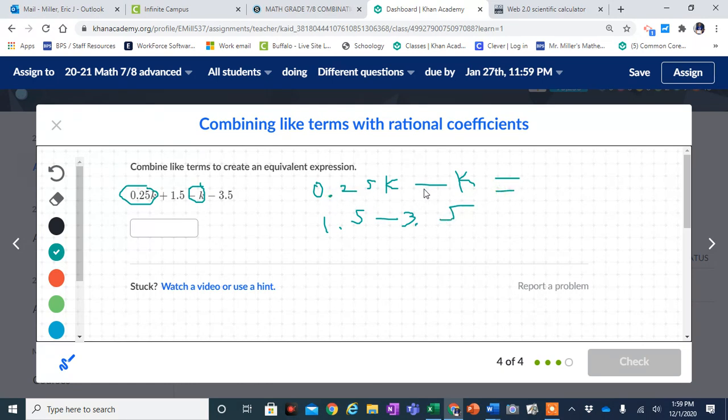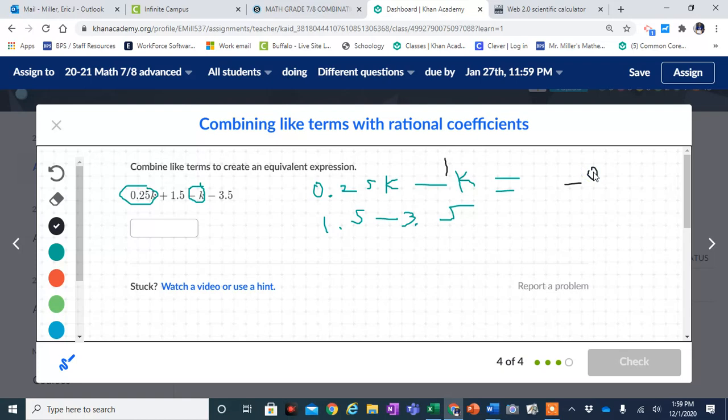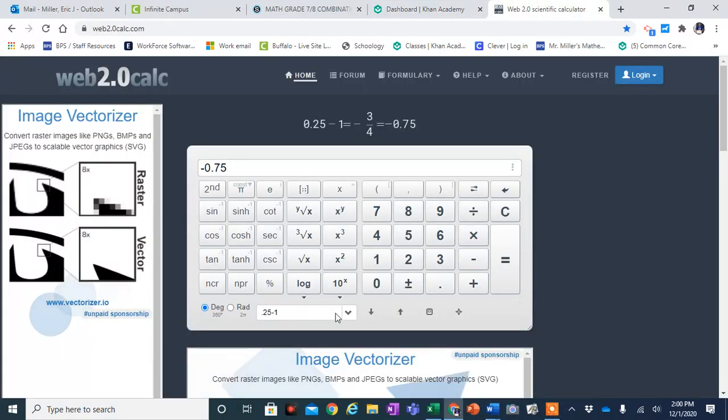So 0.25 minus, if there's no number, that's really a 1. 0.25 minus 1 is negative 0.75, negative 0.75k, and then 1.5 minus 3.5 is negative 2.